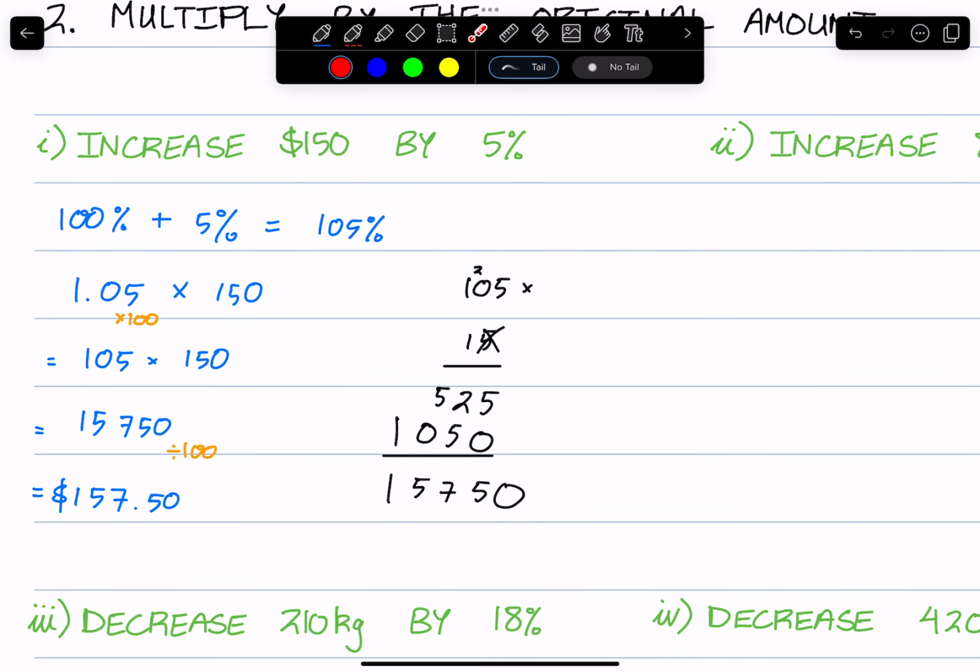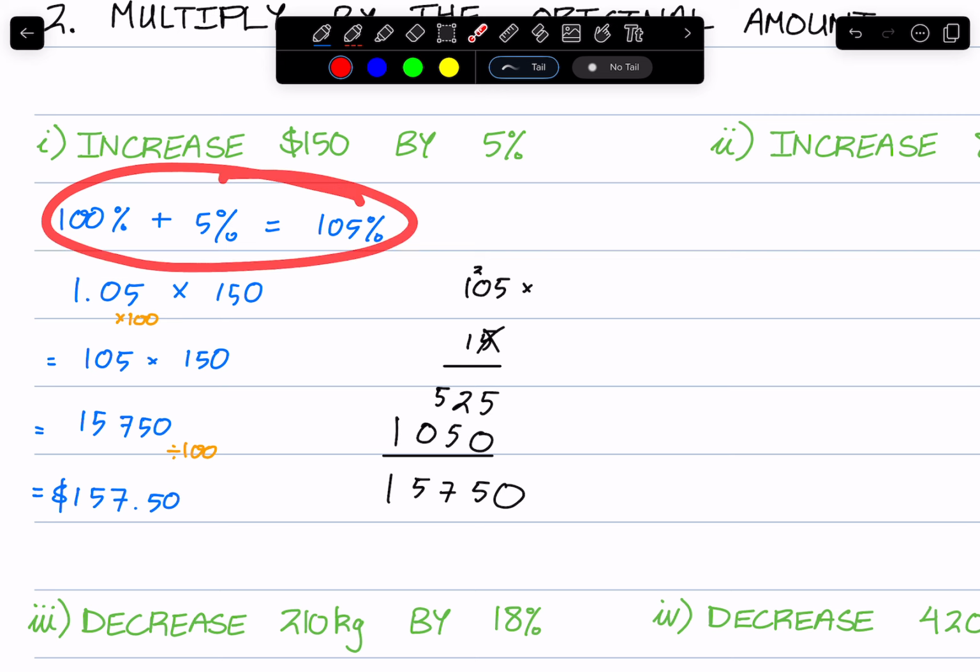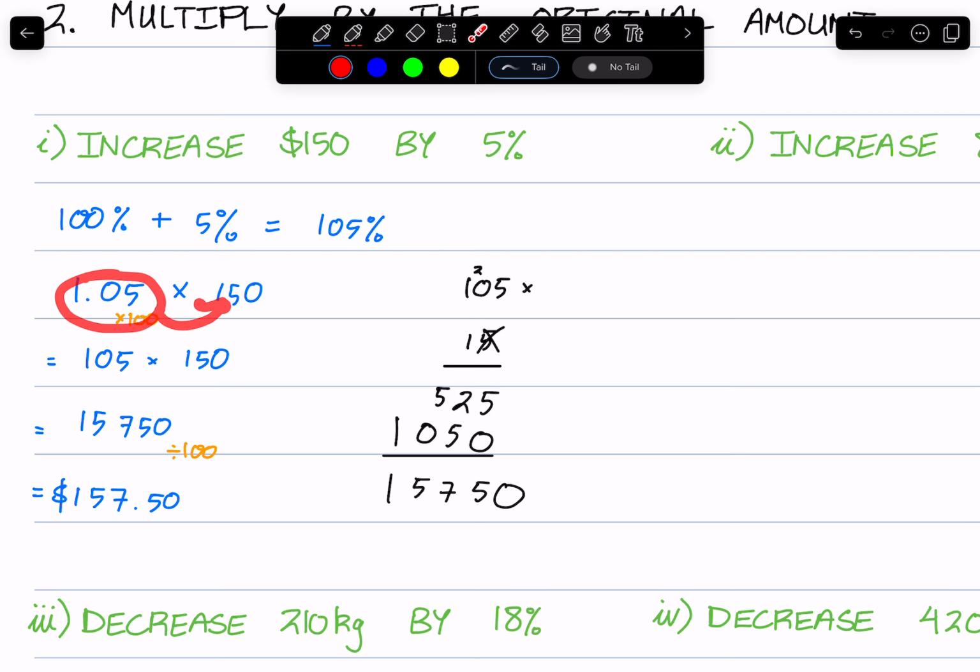So notice how in this method we have added the 5%, and then simply by multiplying by 1.05, this amount is already the increased amount. Unlike before, we had to find the 5% first and then add it. So we'll demonstrate this again in another example.